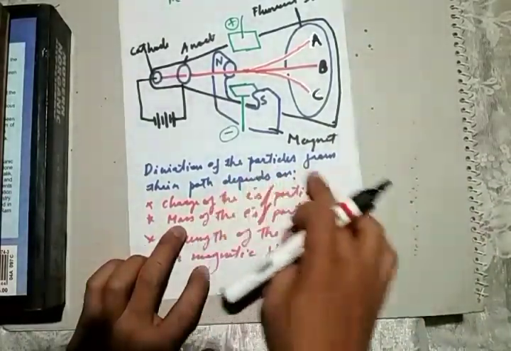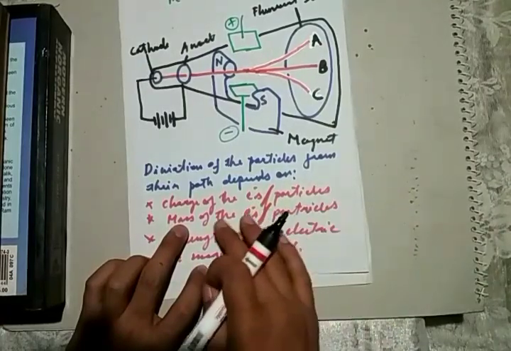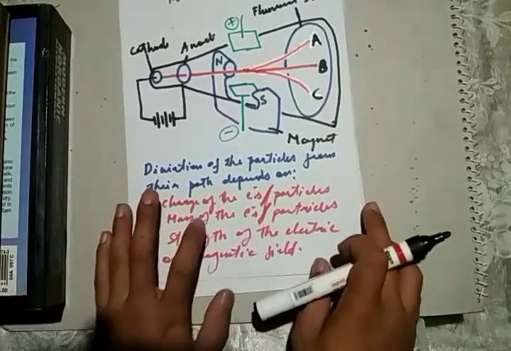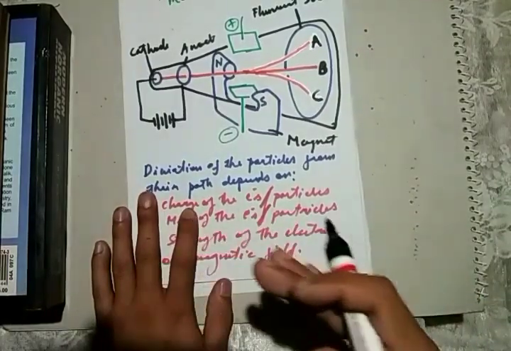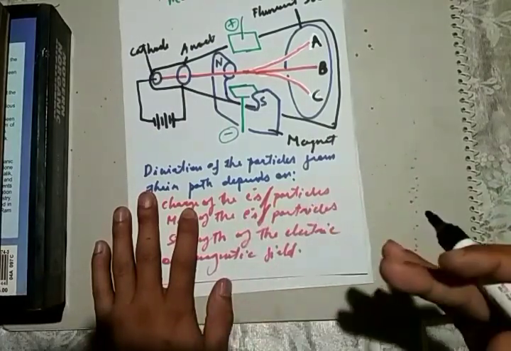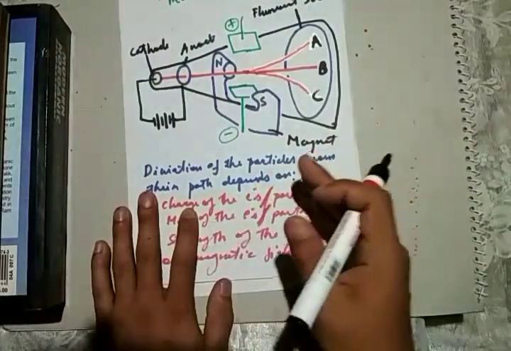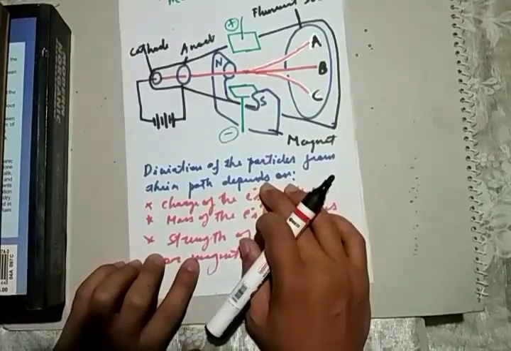This deviation of particles also depends on the mass of the electrons or particles. A lighter mass will give a higher deviation, and a heavier mass will give a low deviation.